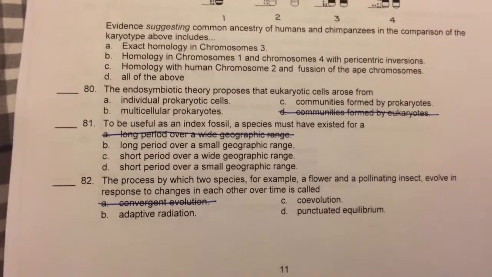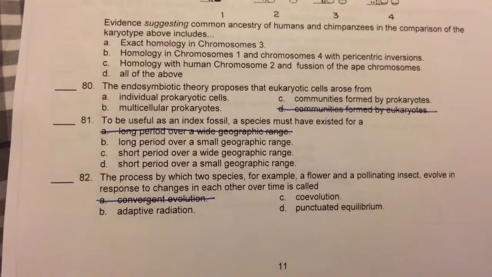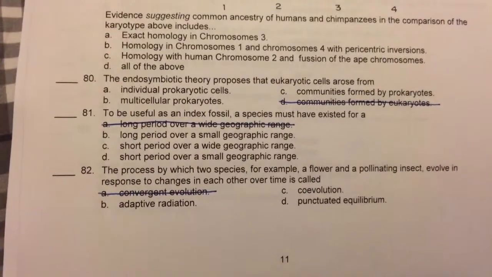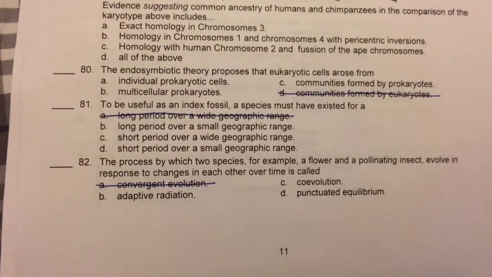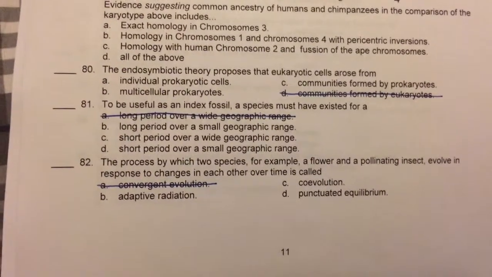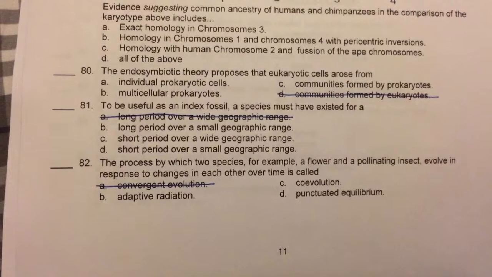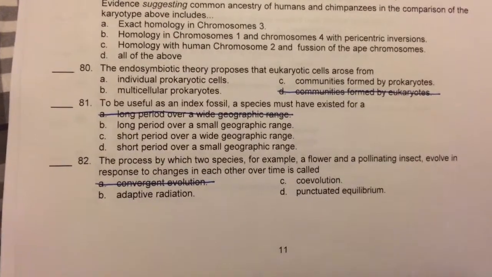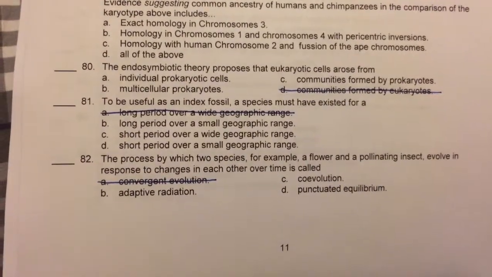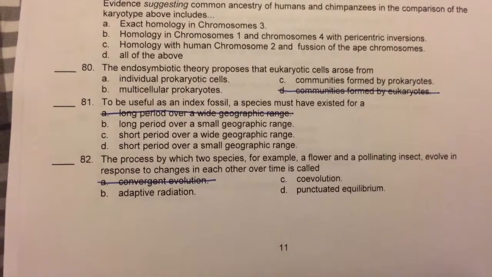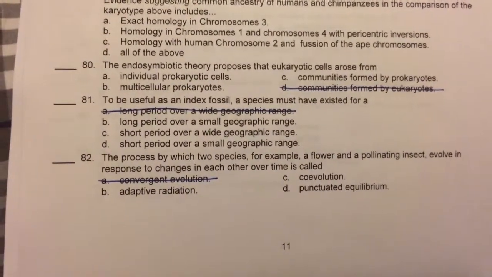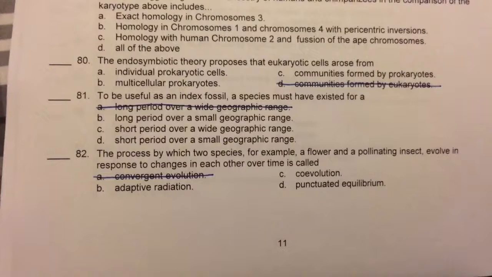Number 81. To be useful as an index fossil, a species must have existed for a B. Long period over a small geographic range, C. A short period over a wide geographic range, or D. A short period over a small geographic range.